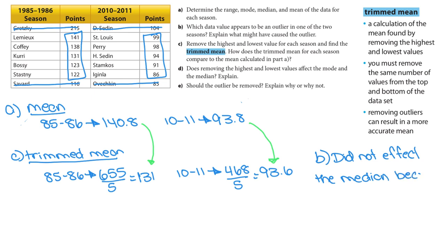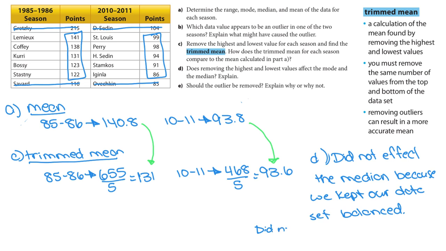because we kept our data set balanced. So we eliminated the same number of upper values as lower values. This is not B, this is D. Sorry about that. It also didn't affect the mode, so I'll continue this over here.